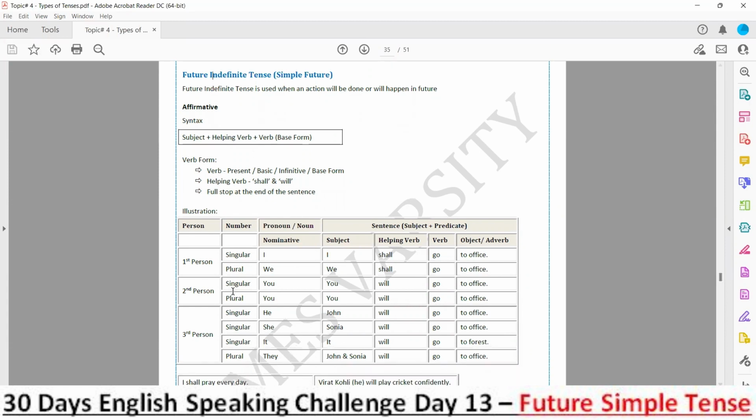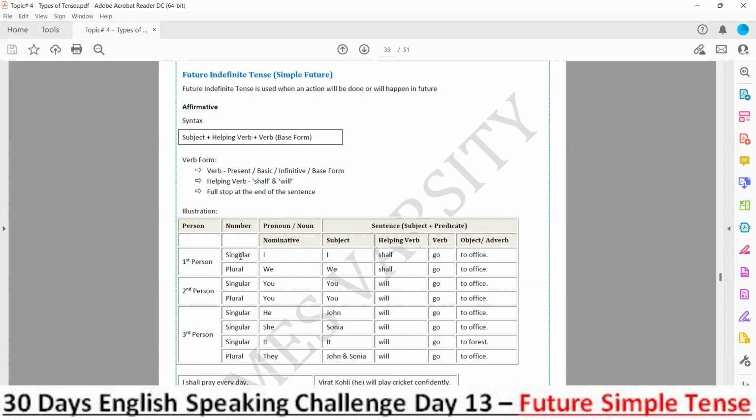So first person singular, I shall go to office. You can see that in the affirmative sentence of future indefinite, helping verb shall is used with first person singular and plural. For the rest of the pronouns, the helping verb will is used, with the first form of the verb.